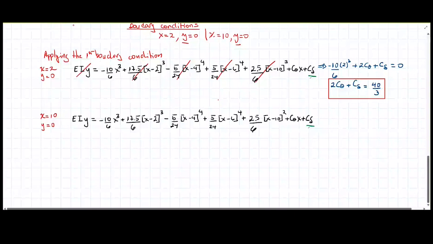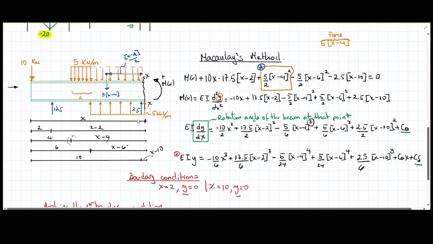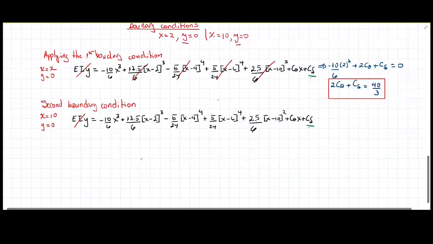Then this term is going to be active. This term is going to be active. Basically, any term that is before the mark of 10 meters is going to be active, and anything after that is not going to be active. So that means that this term here is not going to be active in this case.